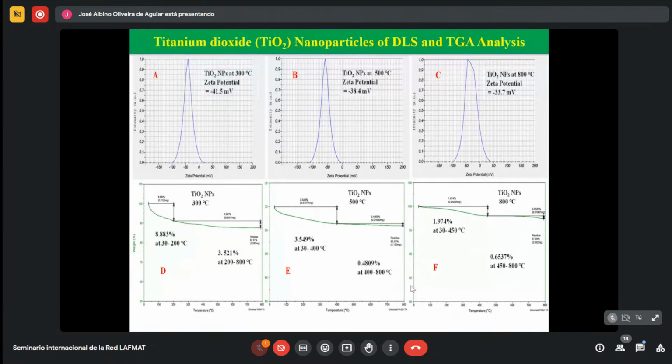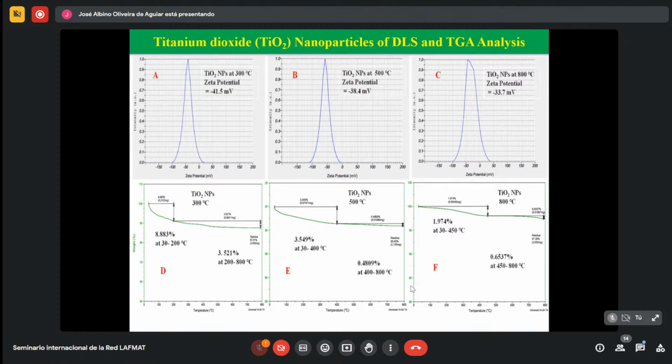For the titanium dioxide nanomaterial, we also confirmed with dynamic light scattering (DLS) analysis and TG analysis. From the DLS analysis, we checked whether it is stable in solution state or not. With TG analysis, we checked whether it is thermally stable or not. In the DLS analysis, there is a very sharp peak at 300 degrees and 500 degrees.